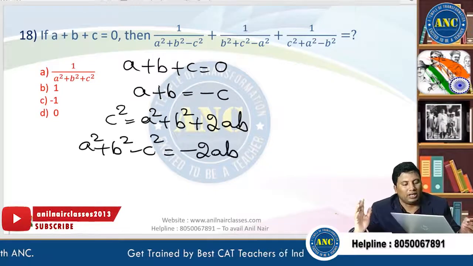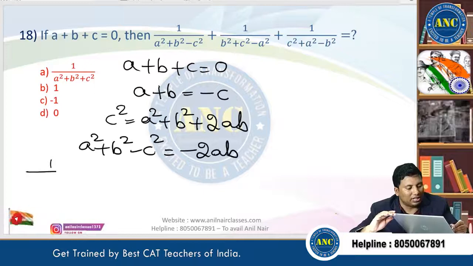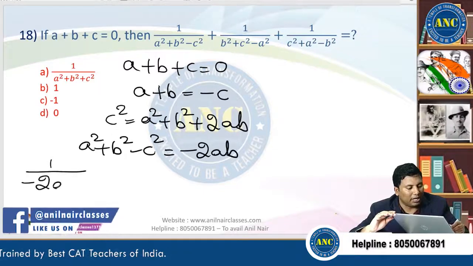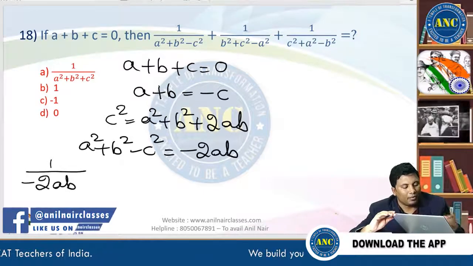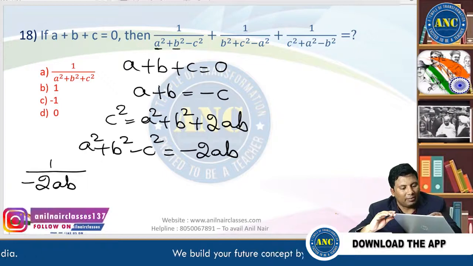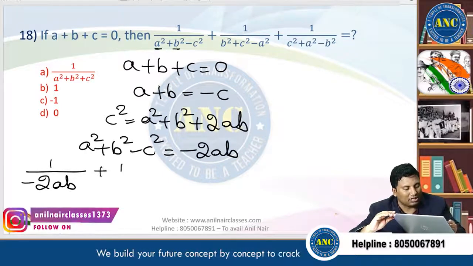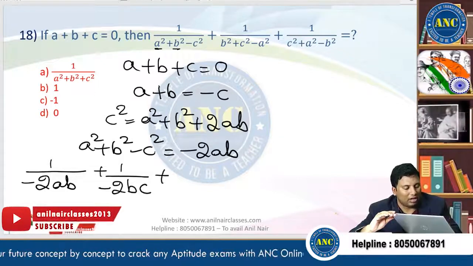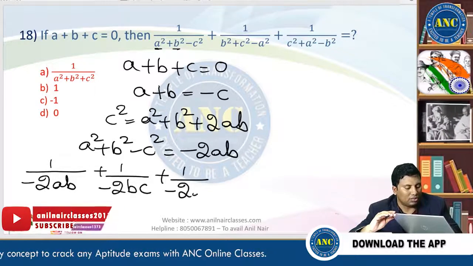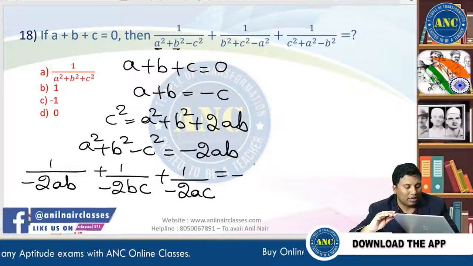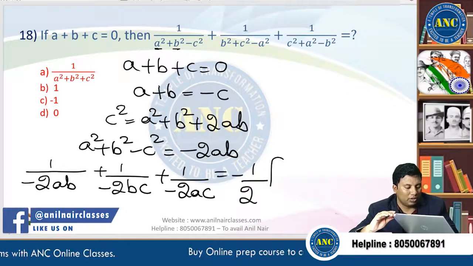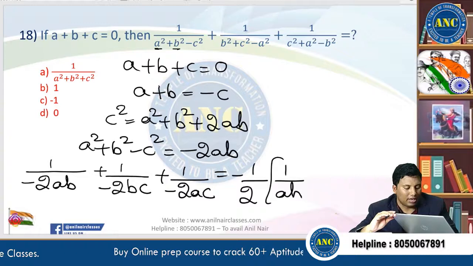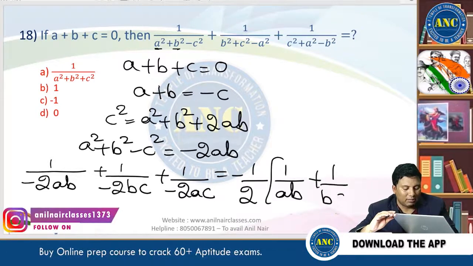So a square plus b square minus c square is nothing but minus 2ab. I hope it is clear. So first value is nothing but 1 by minus 2ab. Second value will become minus 2bc. Third value will become minus 2ac. So here it will become minus 1 by 2 into (1 by ab plus 1 by bc plus 1 by ac).